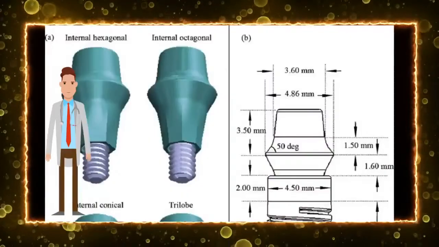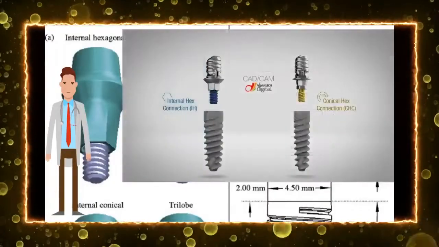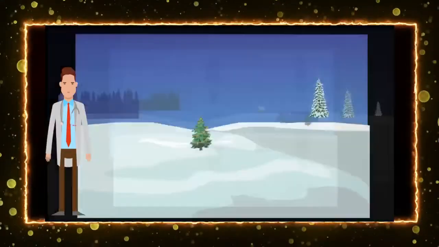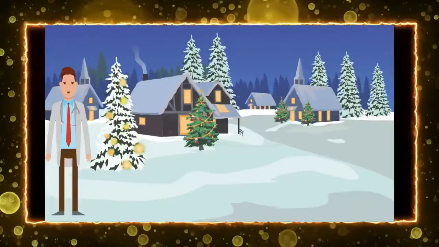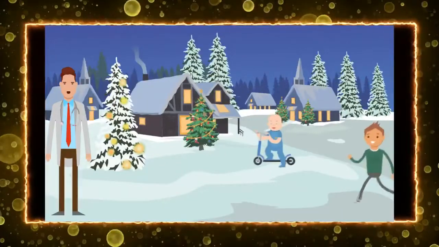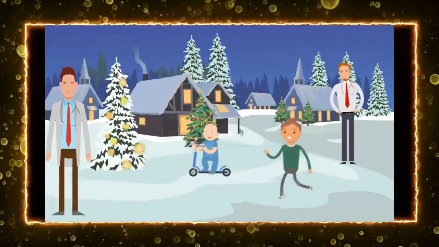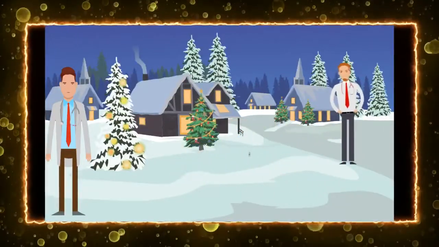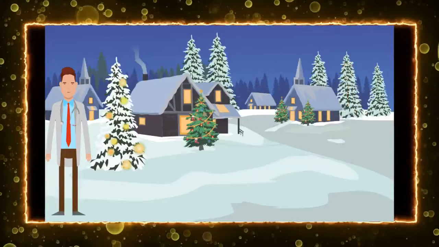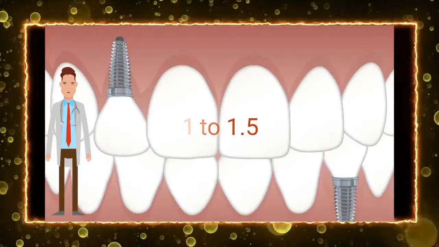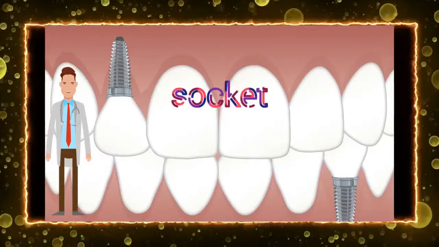There are different diameters at different areas. I chose to reduce the dental implant diameters by 1 to 1.5 millimeters accordingly to allow for different working space and also different factors which may be within the occlusal socket inside the mouth.